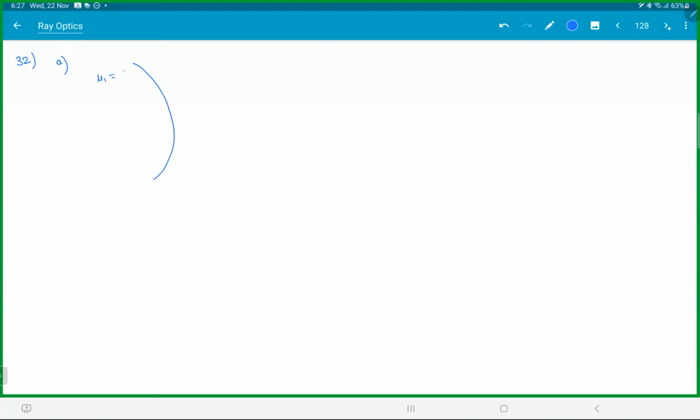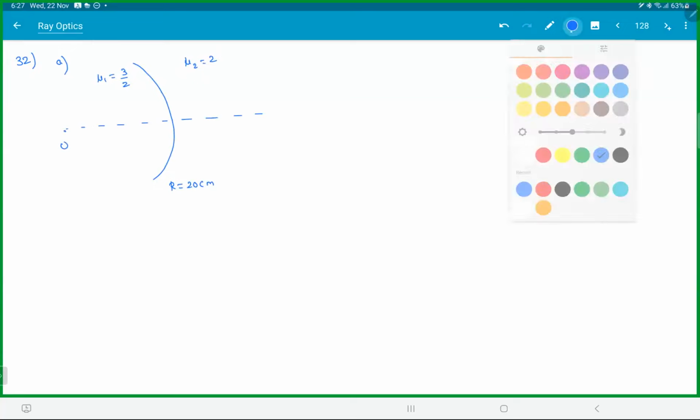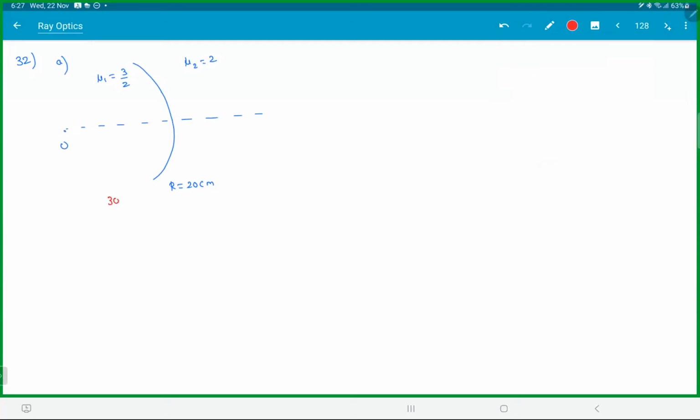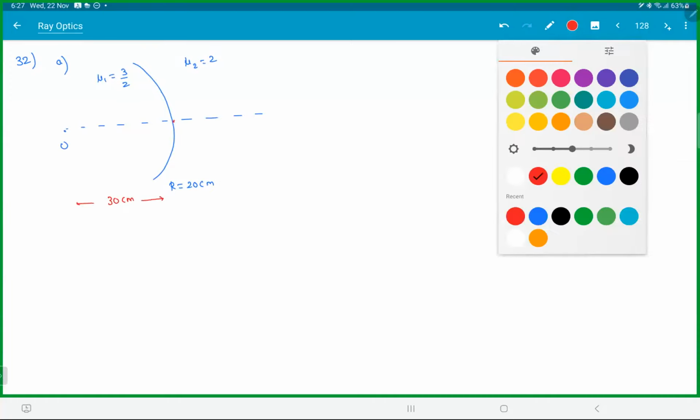32. Let's see a question. Let's say mu1 is 3 by 2, mu2 is 2. The radius of curvature is 20 centimeters. Object is here, 30 centimeters. Find the position of the image.